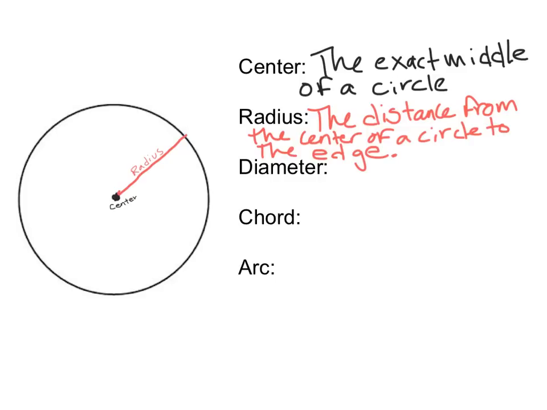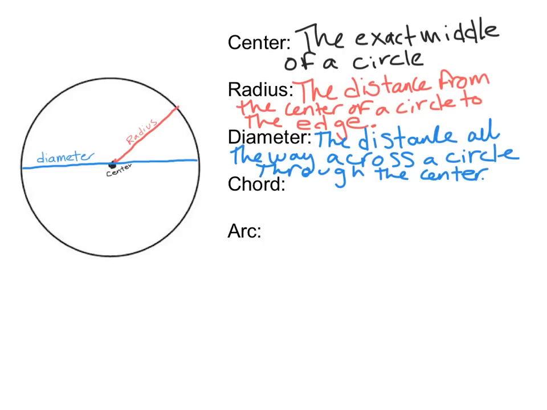Next comes the diameter. Diameter of a circle is the distance all the way across, cutting through the center. Go ahead and let's label that as well. Another way to think of that is as the longest distance across a circle.